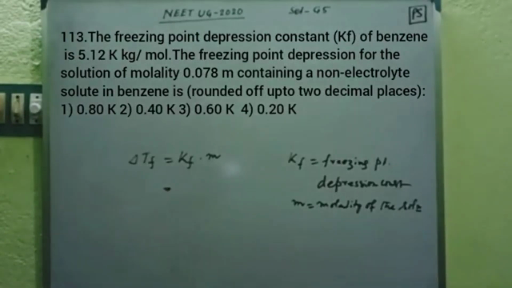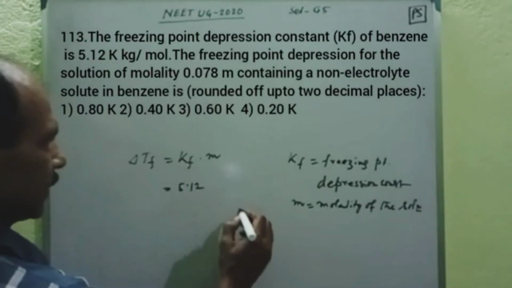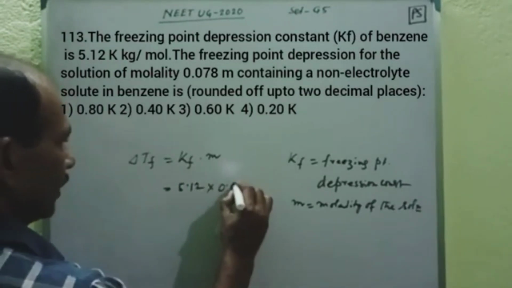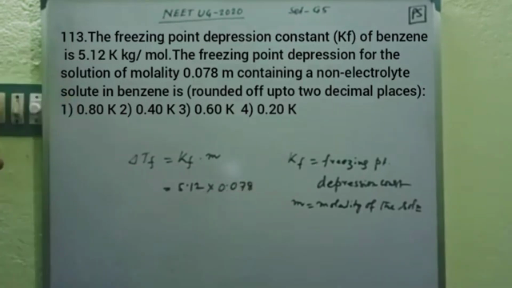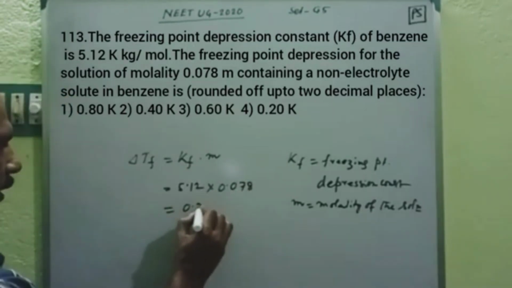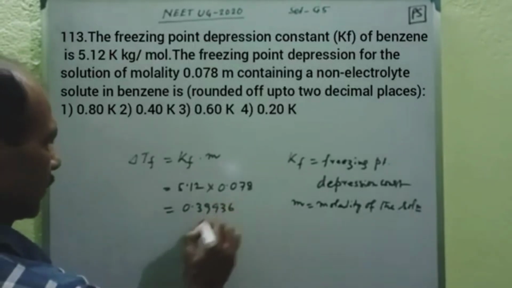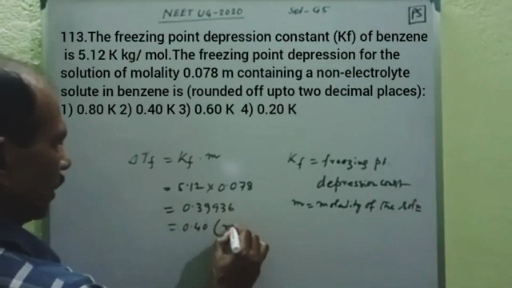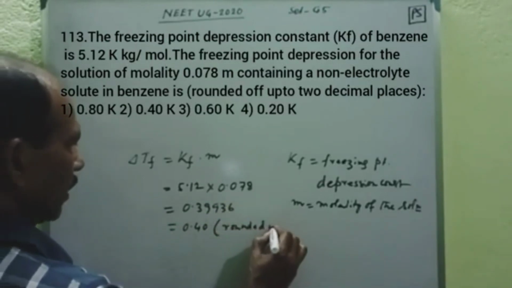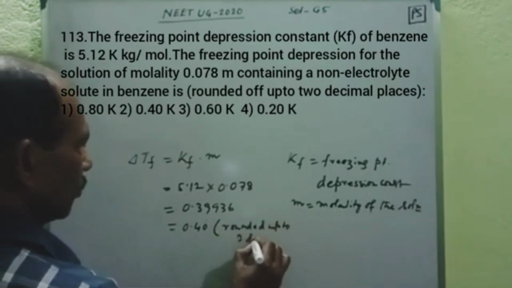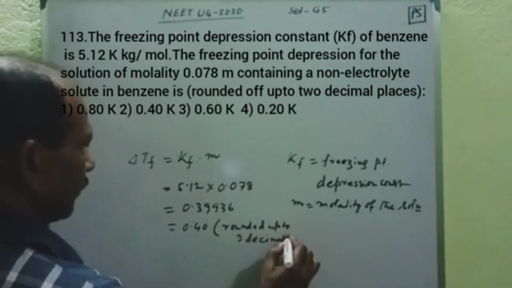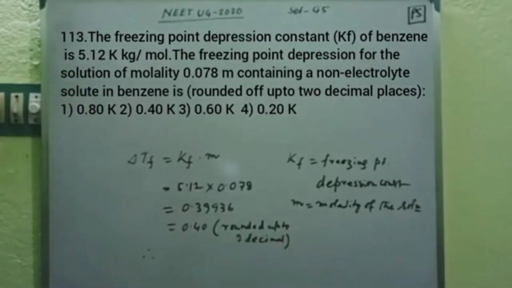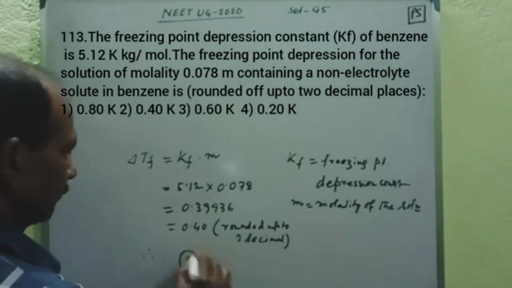Equals to Kf was given 5.12 Kelvin kg mole inverse into 0.078 mole per kg equals to 0.39936 equals to 0.40, rounded up to 2 decimals. Therefore, the correct option is option number 2 here.